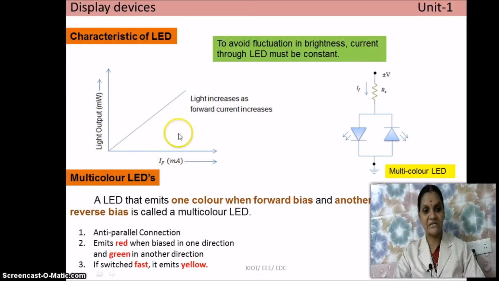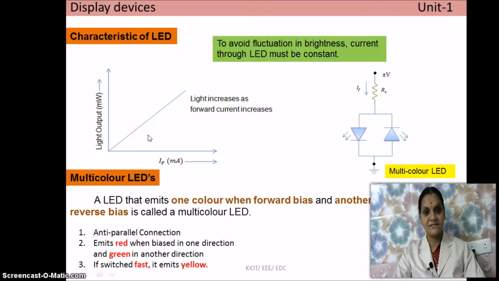So we are taking the current in milliamps on the x-axis and light output in milliwatts on the y-axis. The brightness of the LED depends on the amount of current flowing through the LED. If you want to maintain a constant brightness, the current flowing through the LED has to remain constant.